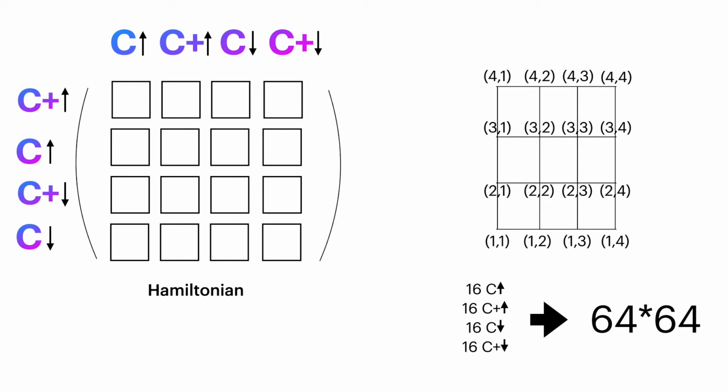So the total size of this whole matrix will be 64 by 64. Each of these blocks again will be 16 cross 16. There are 4 blocks, so it will be 16 into 4 in the rows and 16 into 4 in the columns. So there will be 64 by 64 for a 4 cross 4 lattice which has 16 sites, because each site can have 4 different possible states.